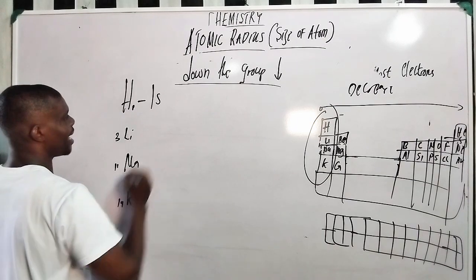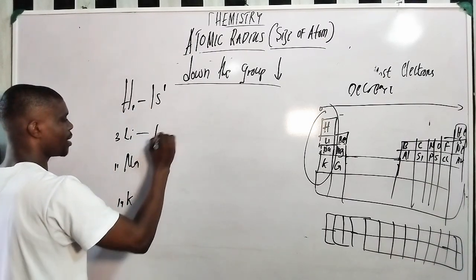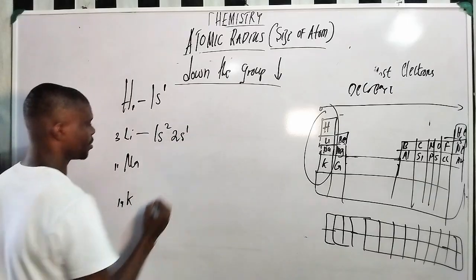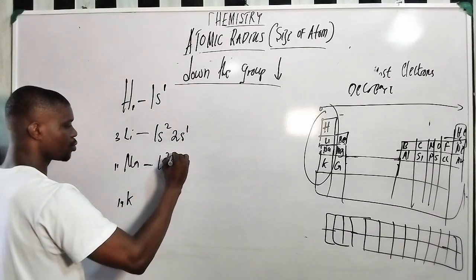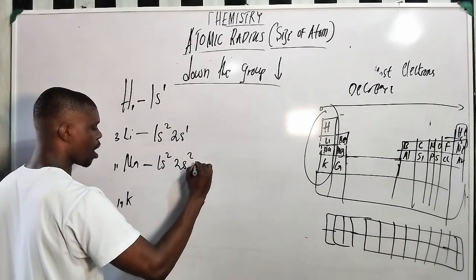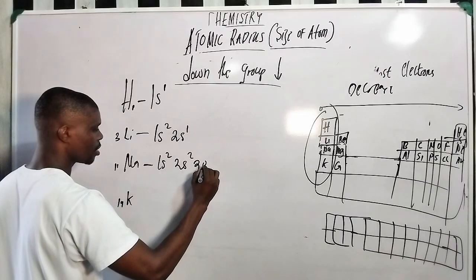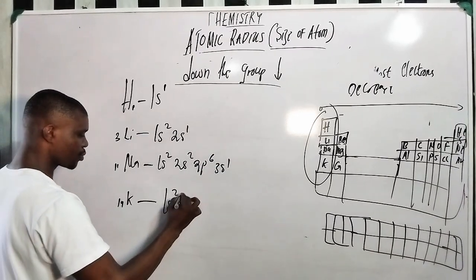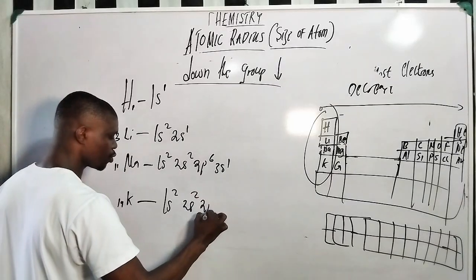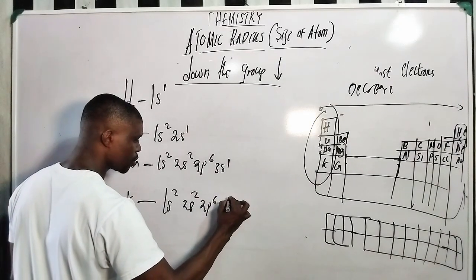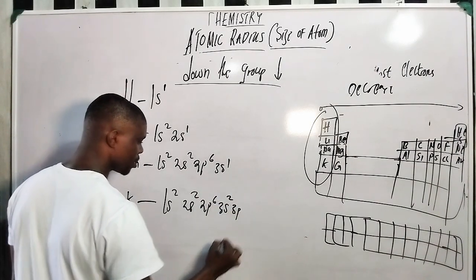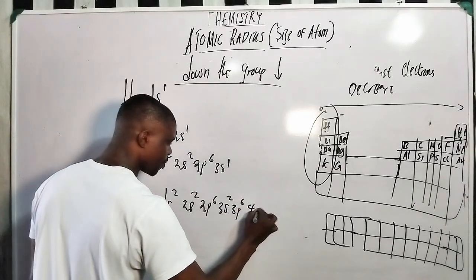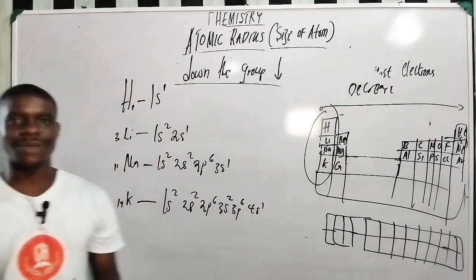So here we have 1s1, here we have 1s2 2s1, here we have 1s2 2s2 2p6 3s1, and here we have 1s2 2s2 2p6 3s2 3p6 4s1. Make sure you know how to write electronic configuration.